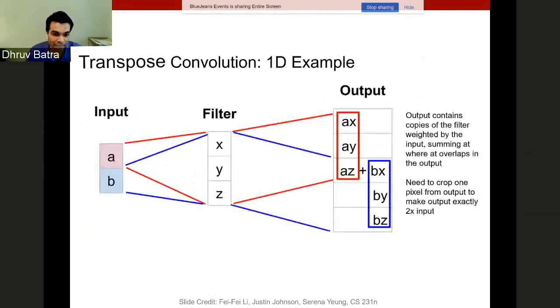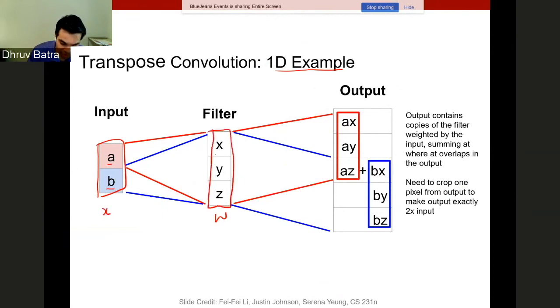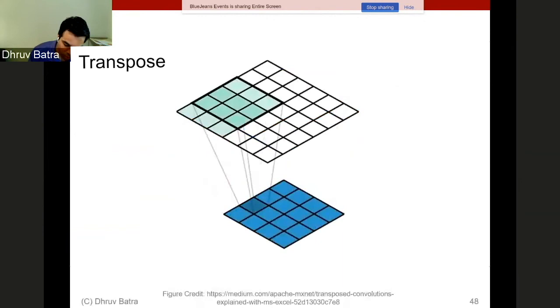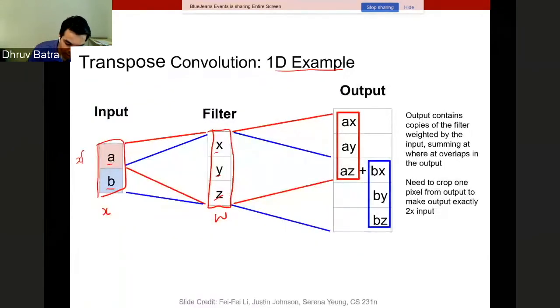I'll get to that padding question in a couple of seconds, but I just want to build some more intuition. This is what this looks like for a one-dimensional example. You have an input which has just two values, A and B. This is X, this is W, a filter of size 3: X, Y, Z. This is x0, this is x1.